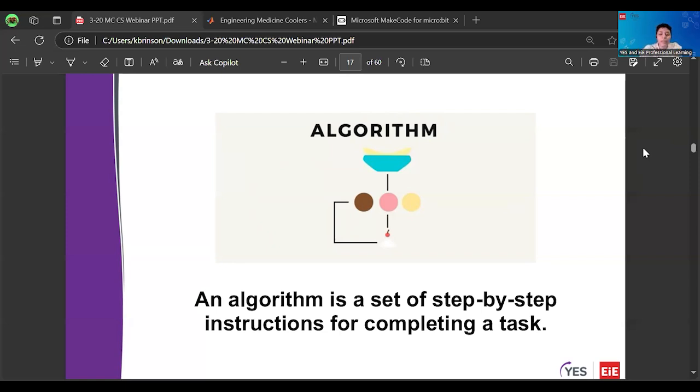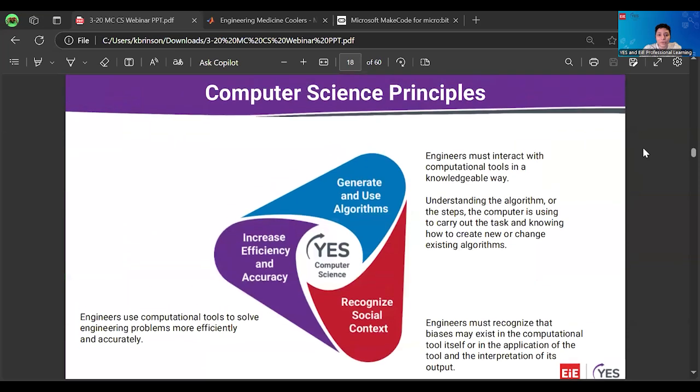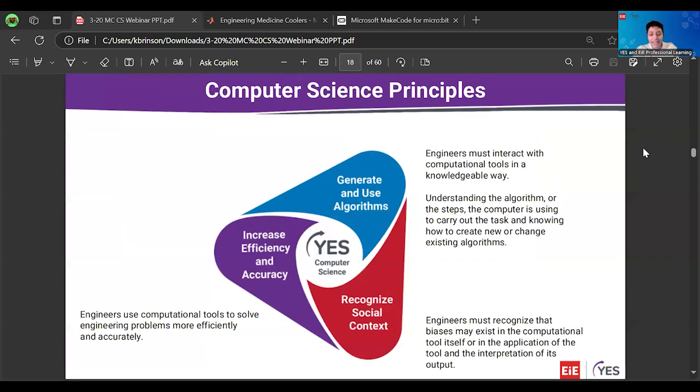And while all of those skills are incredibly important and essential skills for solving problems like a computer scientist, we at Yes believe there's a little bit more to it, right? And so we've developed a computer science framework to support that thinking as well as build out the next step here.